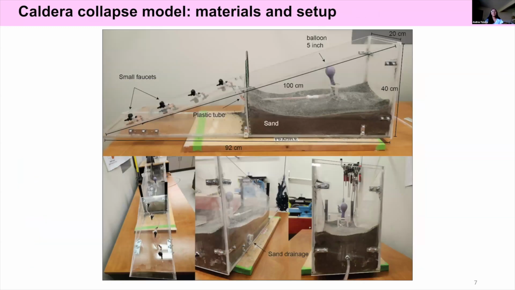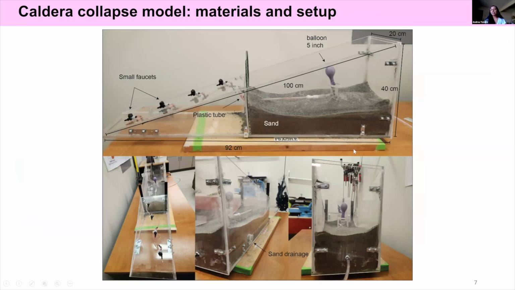And then we have the caldera collapse model. This was designed by Tom, and he created this tank, which also uses plexiglass. There is a ramp here.